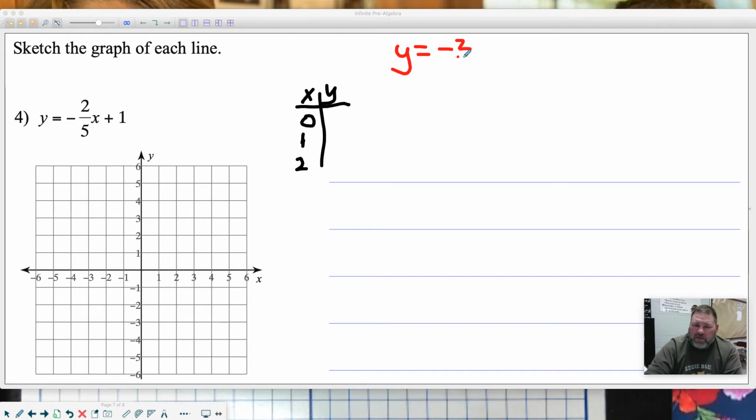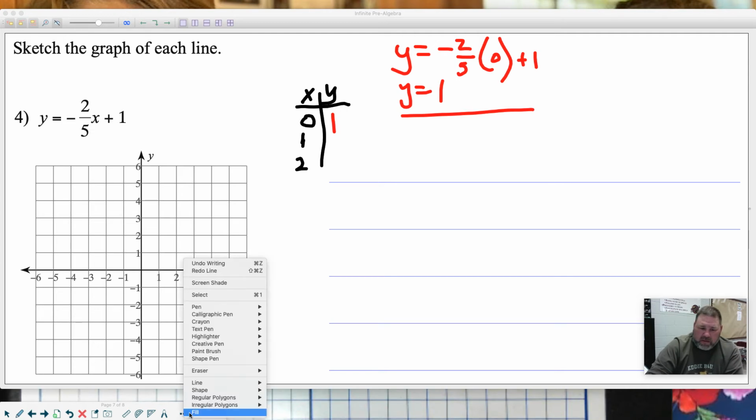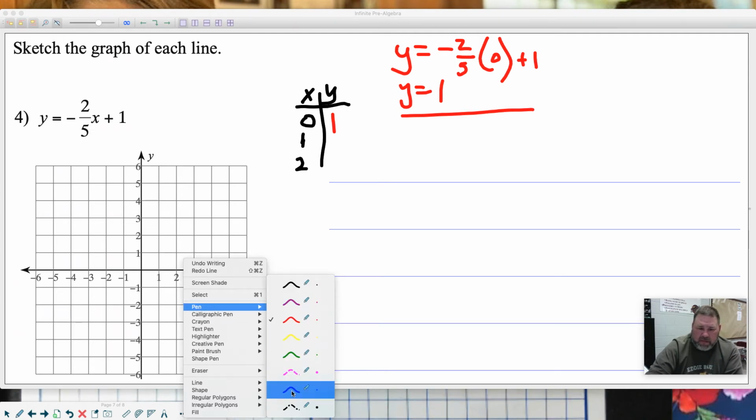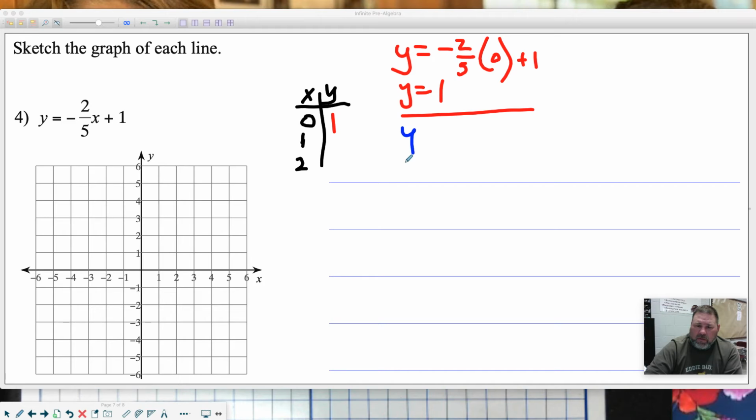So negative 2 over 5 times 0 plus 1. So Y equals 0 plus 1, which is just 1. So when X is 0, Y is 1. Okay, then we're going to plug in the 1.